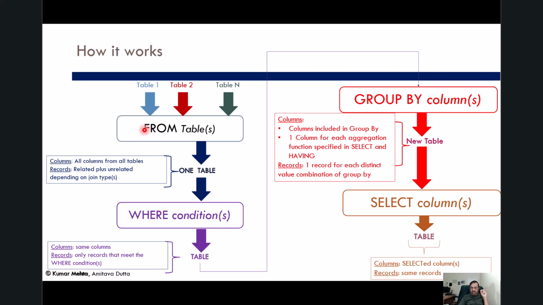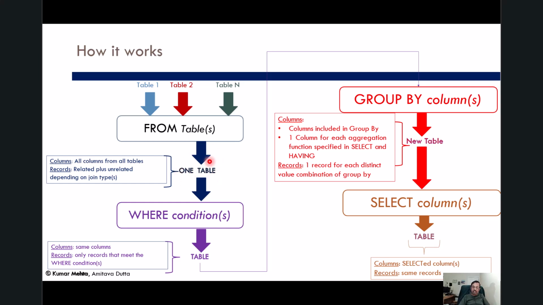So the first clause that's executed is the from clause. We know that by now. The input to the from clause is one or more tables. If there's more than one table, some kind of join will need to be performed. And the end result of the from clause is one table, always one table.